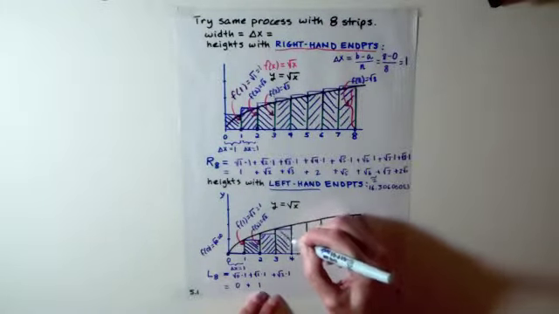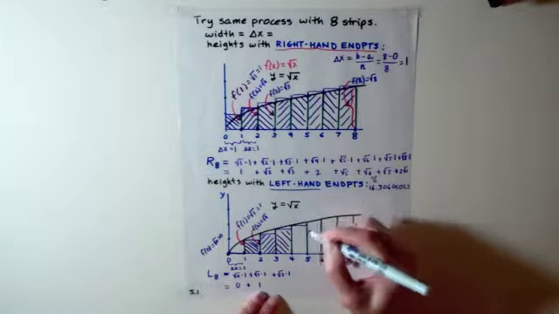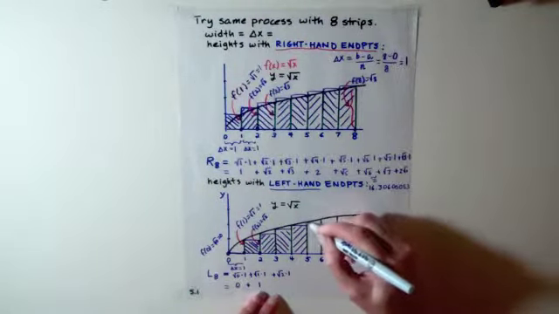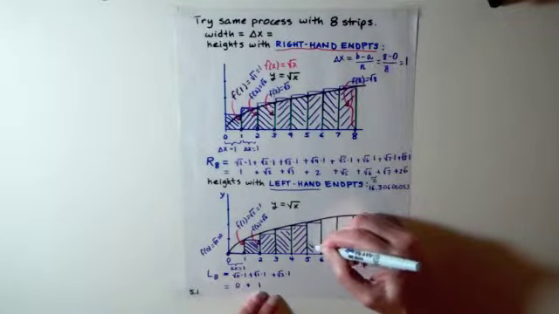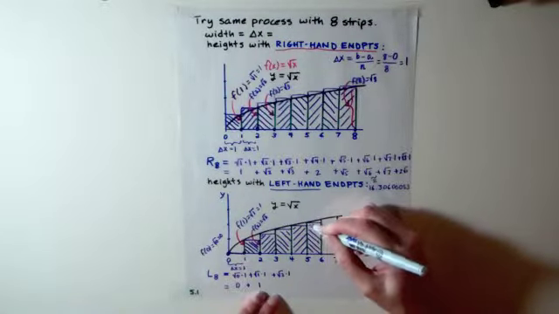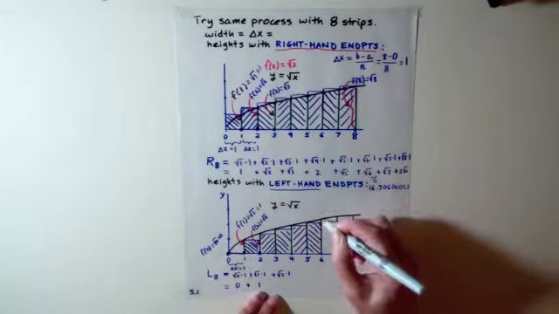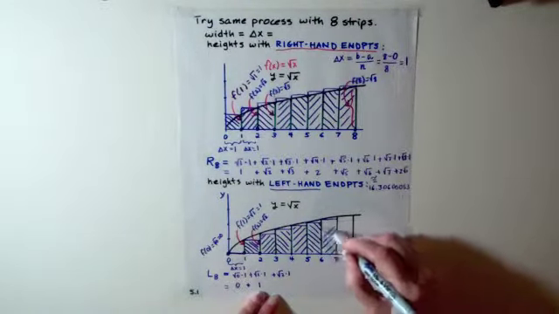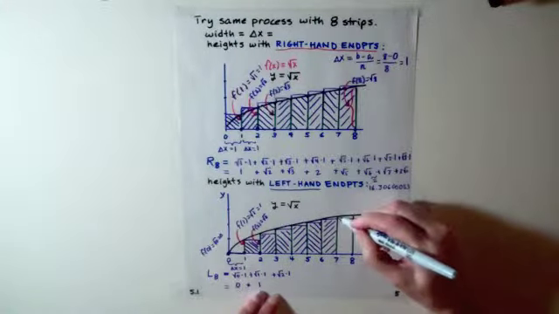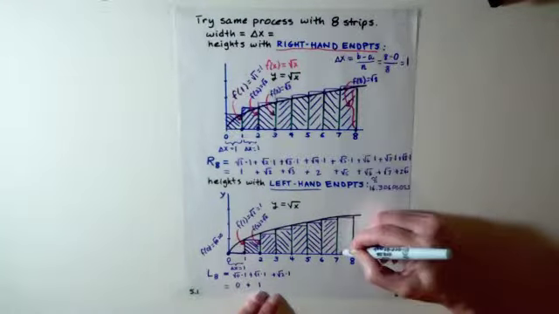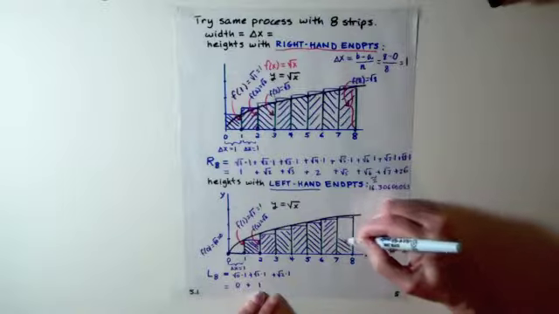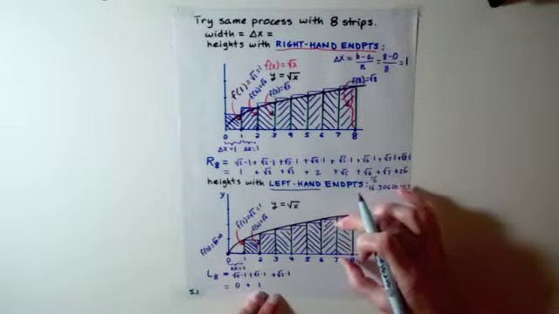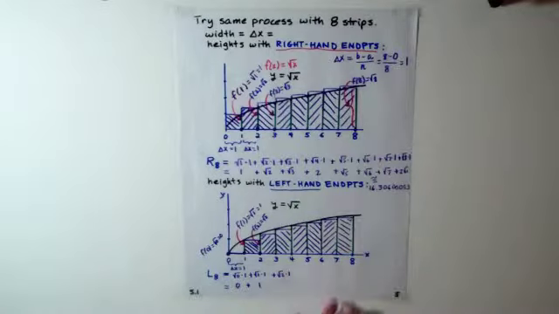So you might not have to think out every single rectangle, but I'm going to draw the picture so that we can see it and compare it to what we had when we had L4 instead of L8. And you notice that for each rectangle, I'm making the rectangle as high as the left-hand side of that strip.